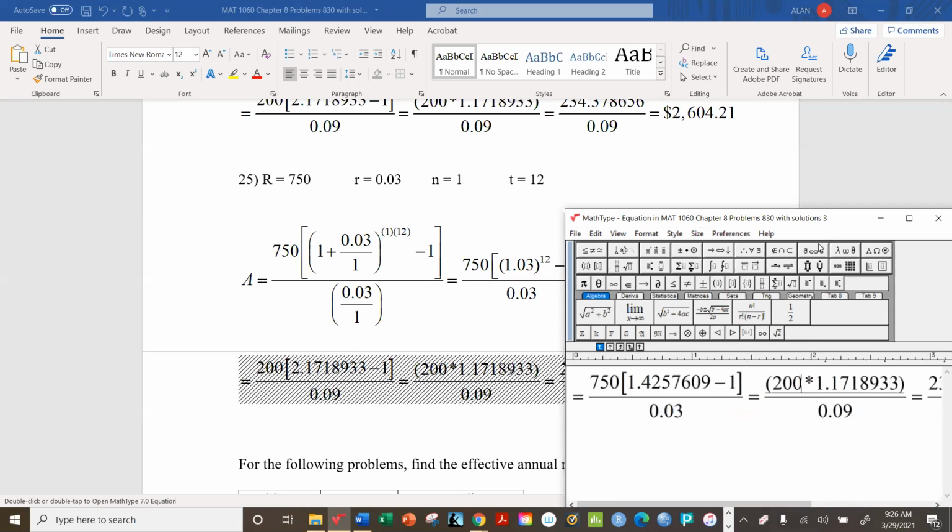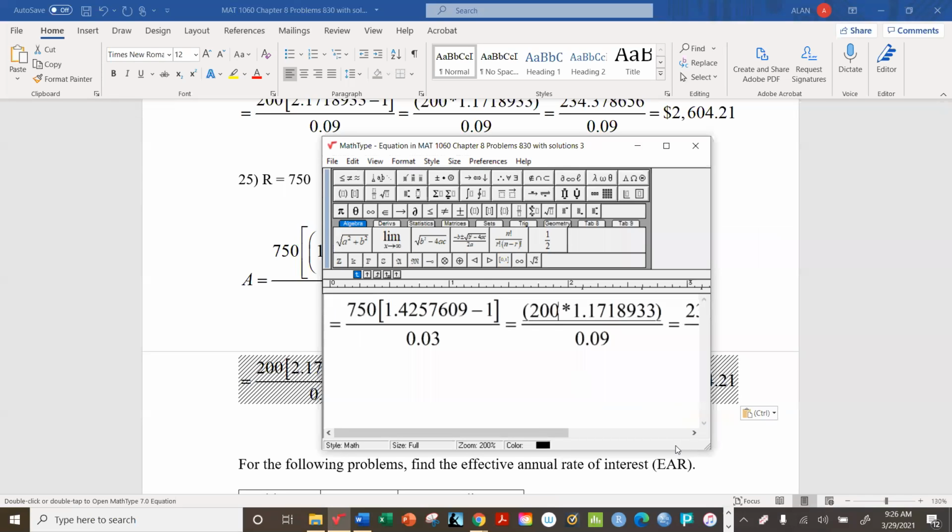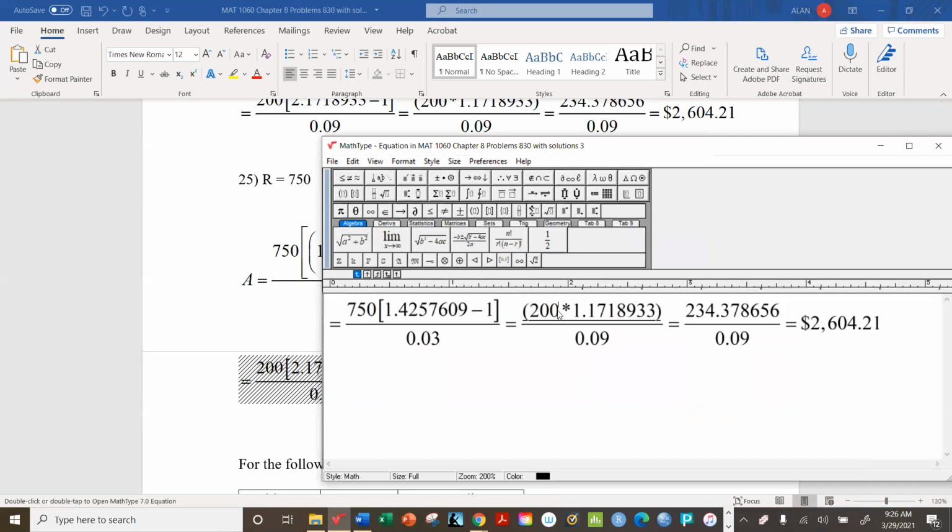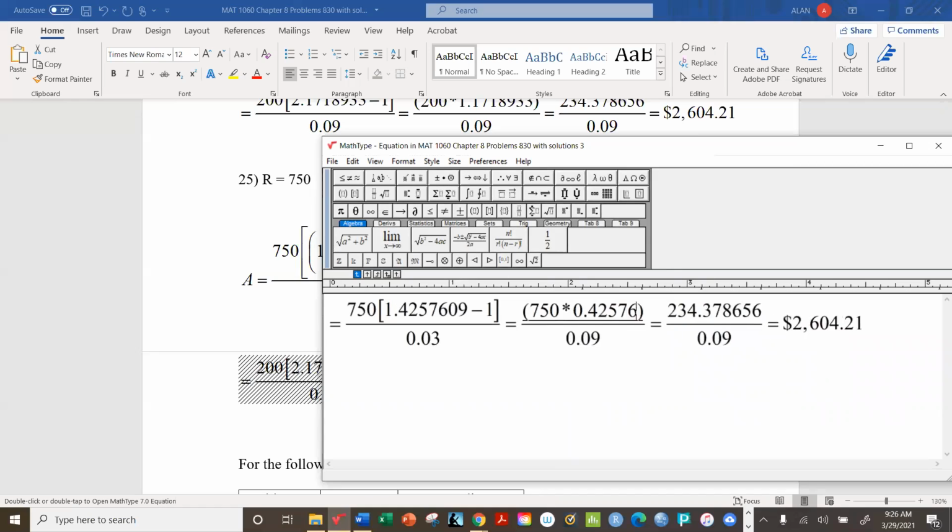So then here we'll have 750 times 0.4257609 over 0.03.